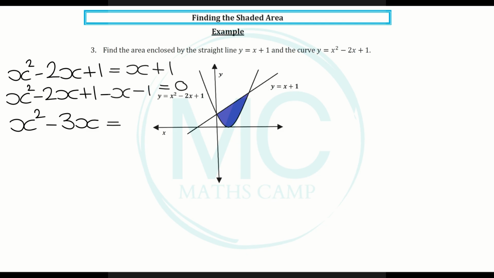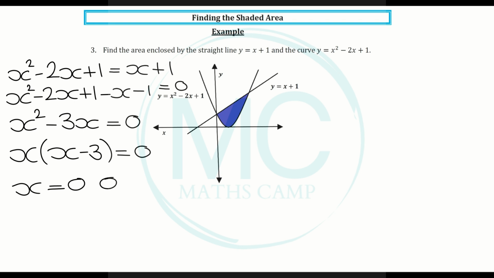So this is now equal to 0. Let's take x out as a common factor. And we have x, open bracket, x minus 3, close the bracket, is equal to 0, which means that x is equal to 0, or x is equal to 3.